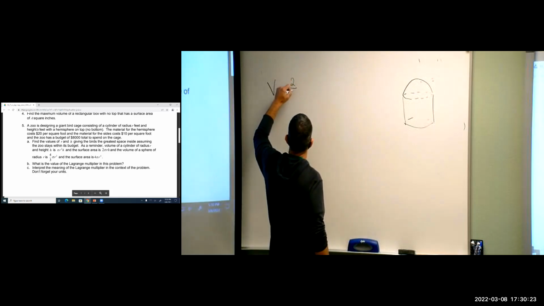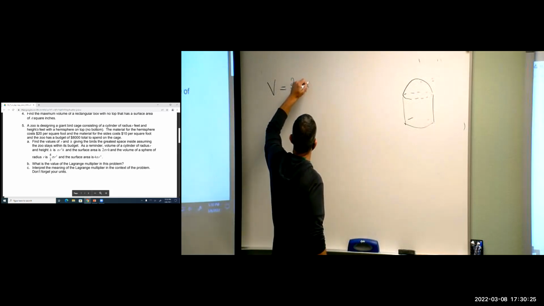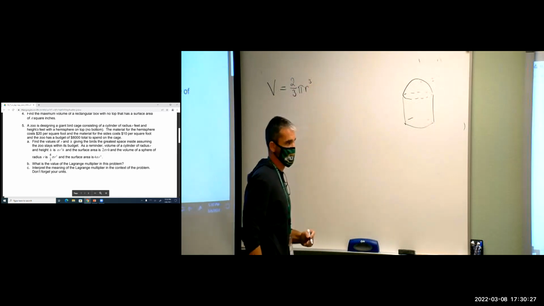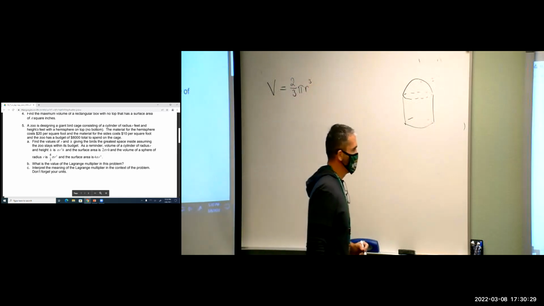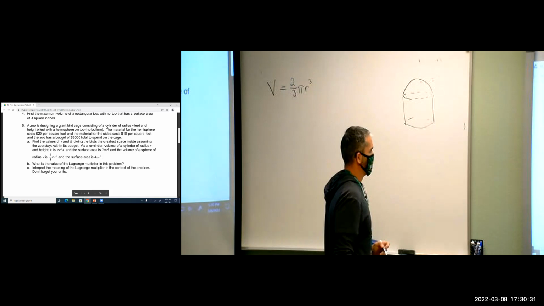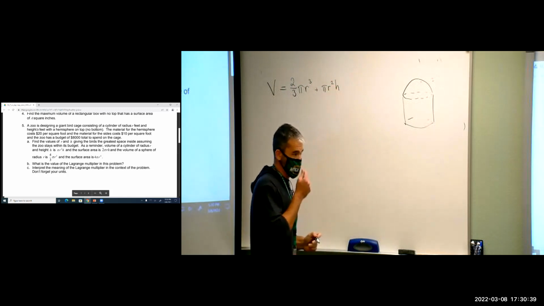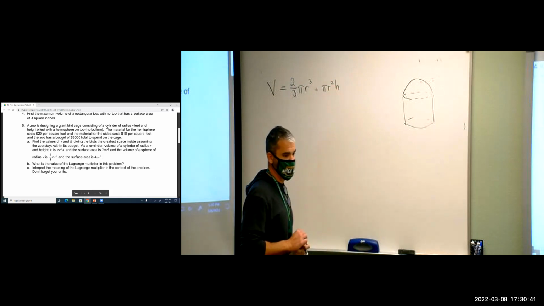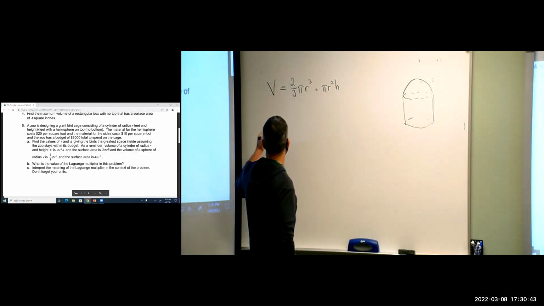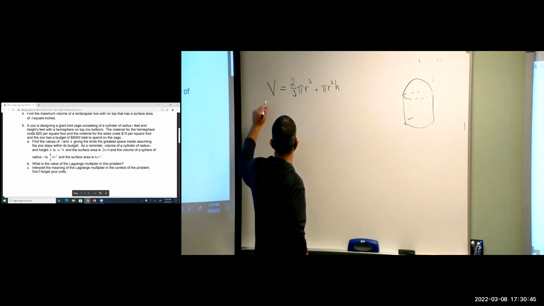So 2/3 pi r cubed will take care of our hemisphere. And then for the cylinder, it's plus pi r squared h. All right. So that'll be the volume. That's our objective function.